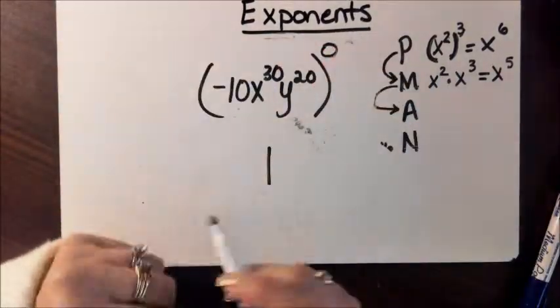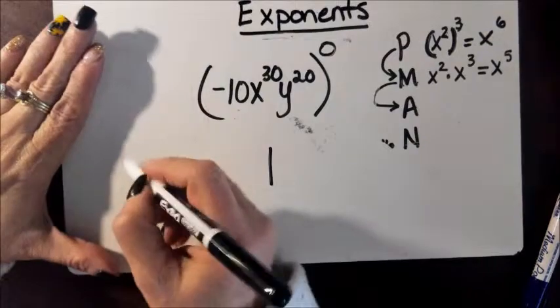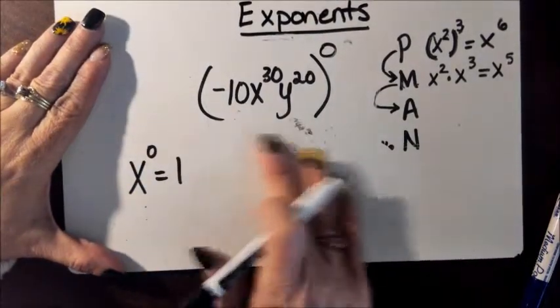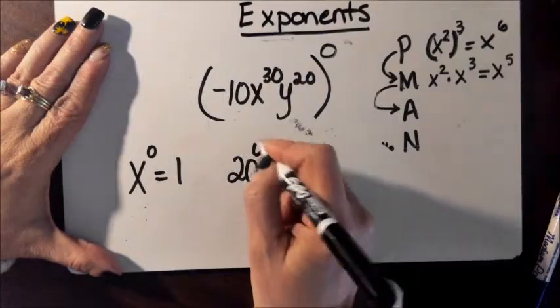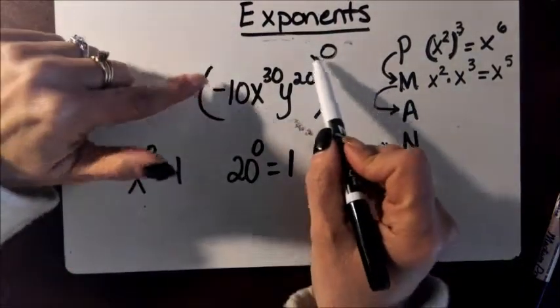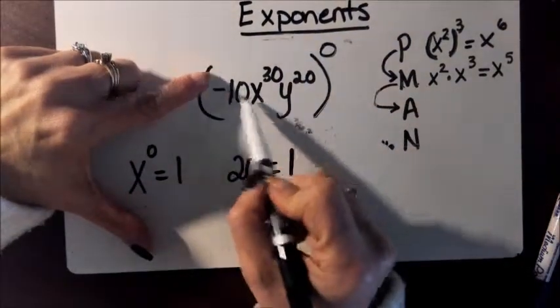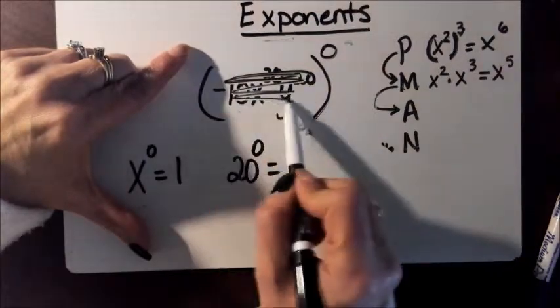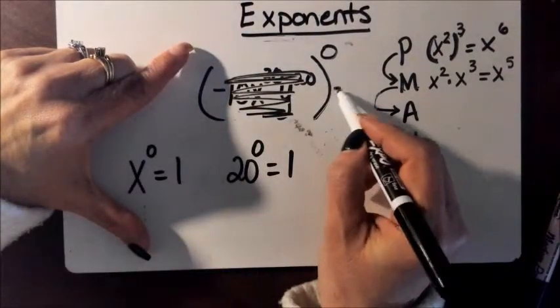So everything inside there becomes 1. If I have x to the 0, that equals 1. If I have 20 to the 0 power, that equals 1. When you have parentheses around everything in here, it's like it's gone, and it just becomes 1.